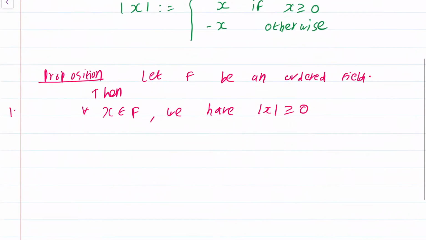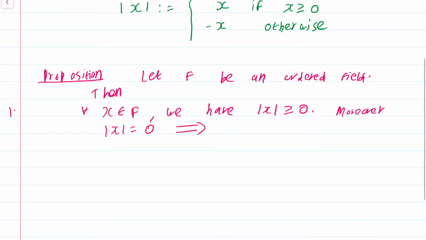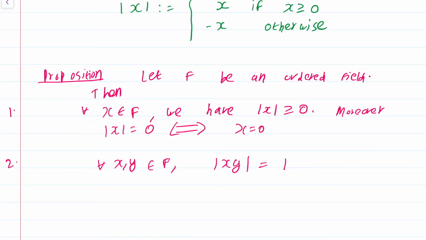Moreover, mod x equals 0 if and only if x is equal to 0. Number 2: for all x, y in F, modulus of xy is equal to mod x multiplied by mod y.